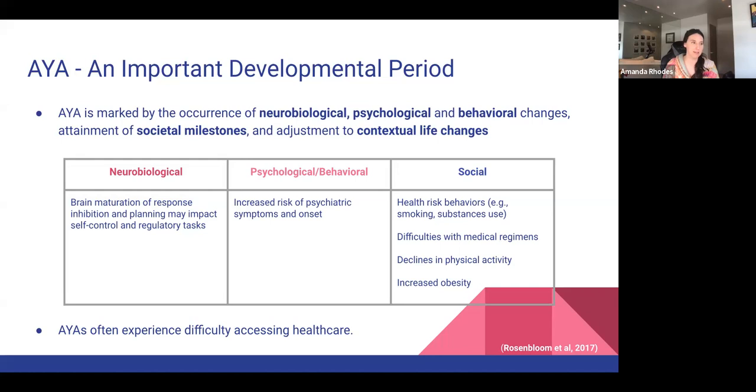That could be because of loss of insurance coverage, right? They could have been under their parents, now they're not under their parents. It could be the transition from pediatric care to adult care, that gets really murky. And there could be also just organizational and provider and patient barriers that result in these older adolescents and young adults being less likely to seek care.